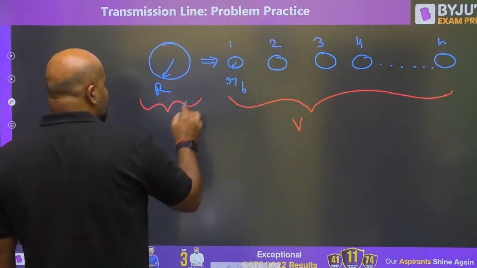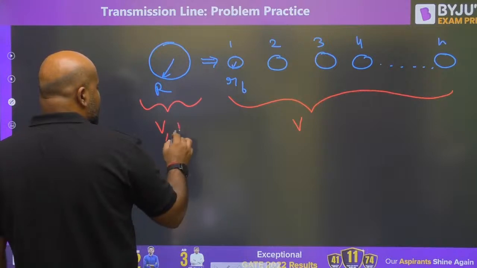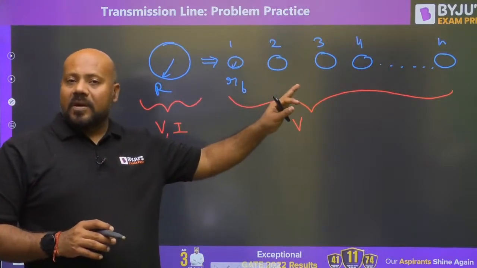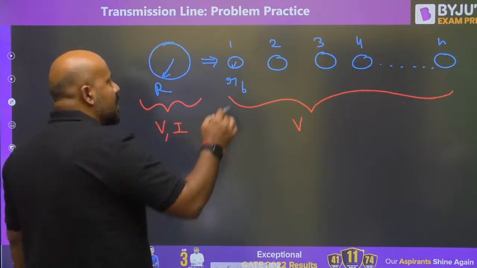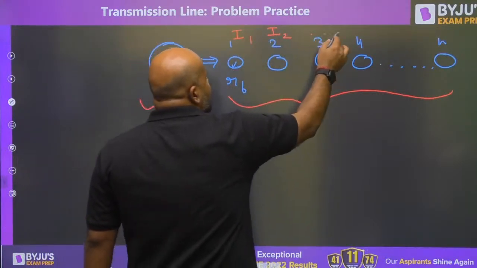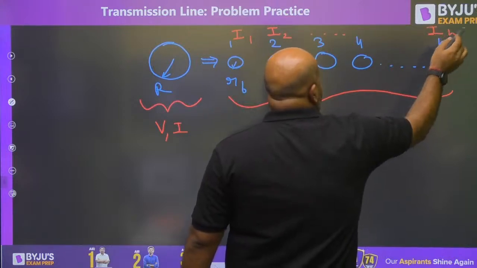Suppose the current here is I, but when you divide it into subconductors acting in parallel, the currents carried by these are I1, I2 up to In.